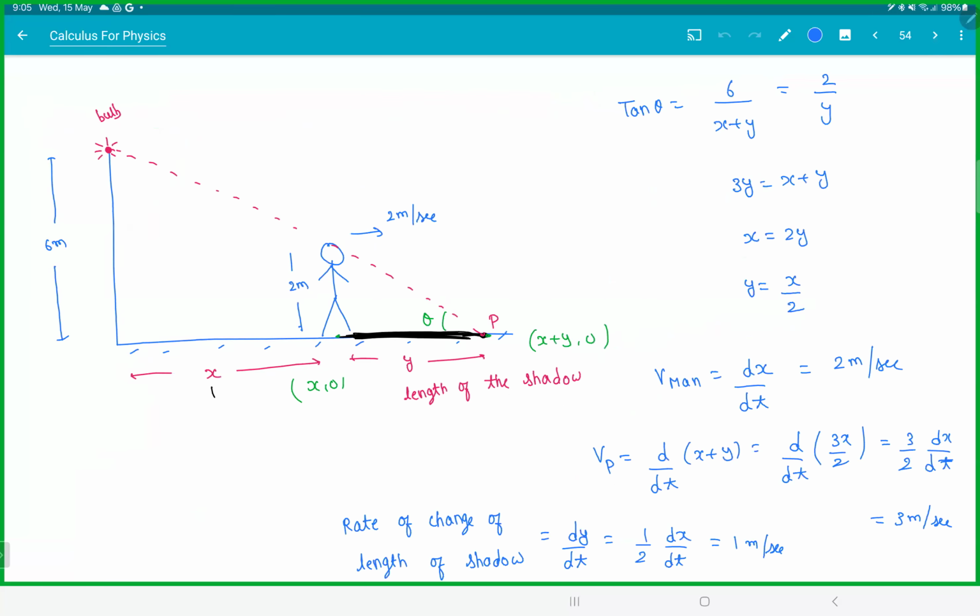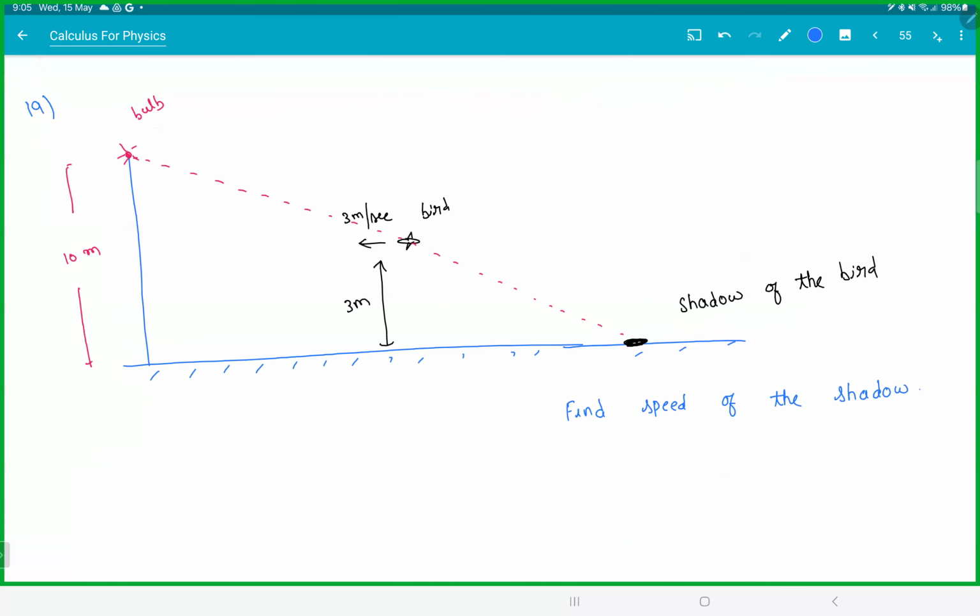Perfect. What about this bird problem? Did anyone get it? 4.28, okay. You can leave the answer in terms of pi, 9/7. Okay, last time also someone told me this.